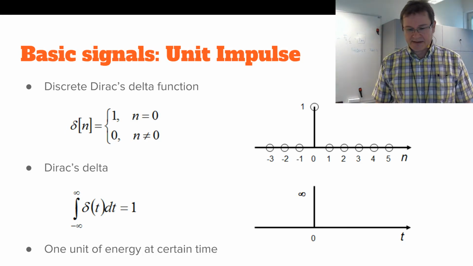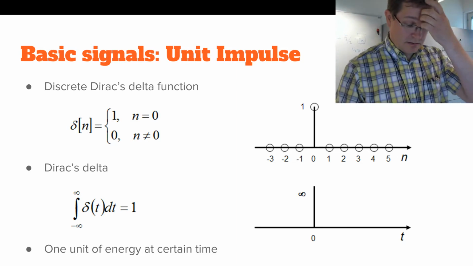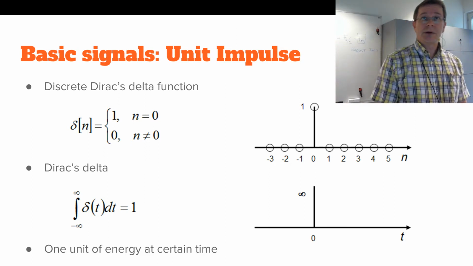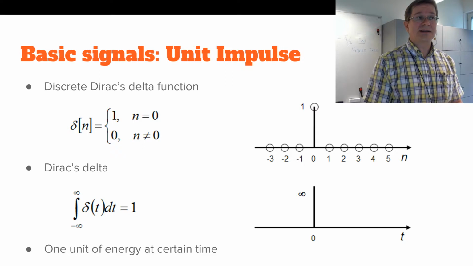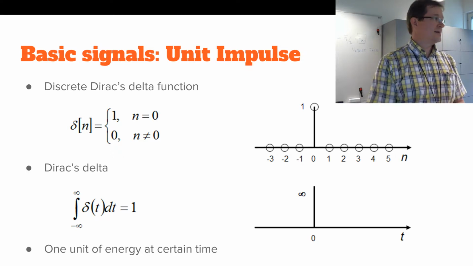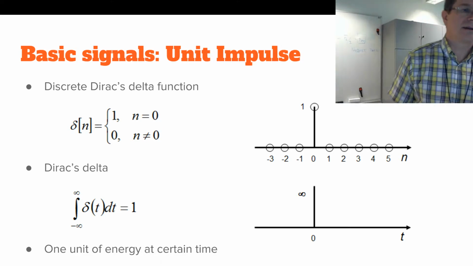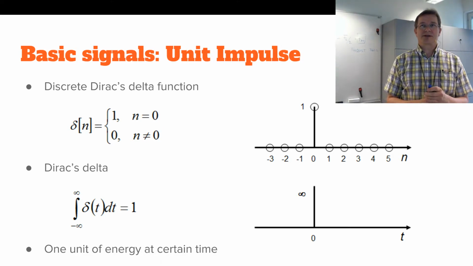A couple of basic things about the signals. Well, that was a random arbitrary signal on the whiteboard. There are also a couple of fundamental signals that you need to know in order to actually start playing with test signals, like the discrete Dirac delta function.